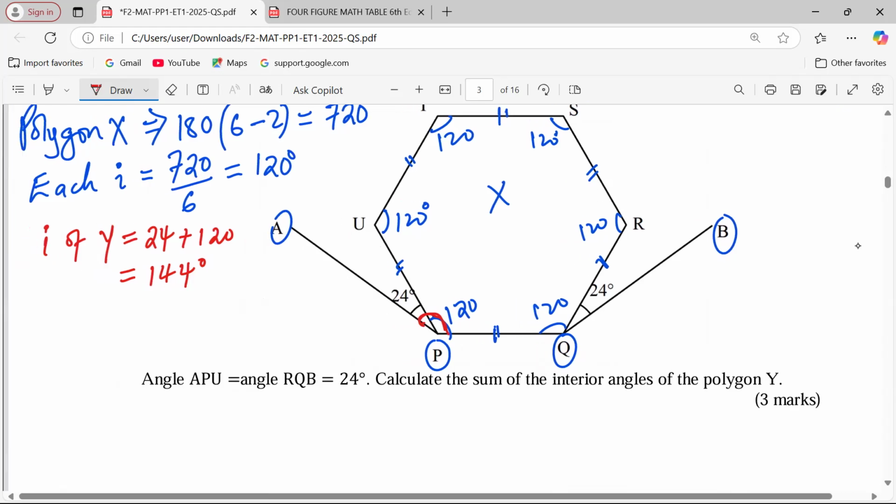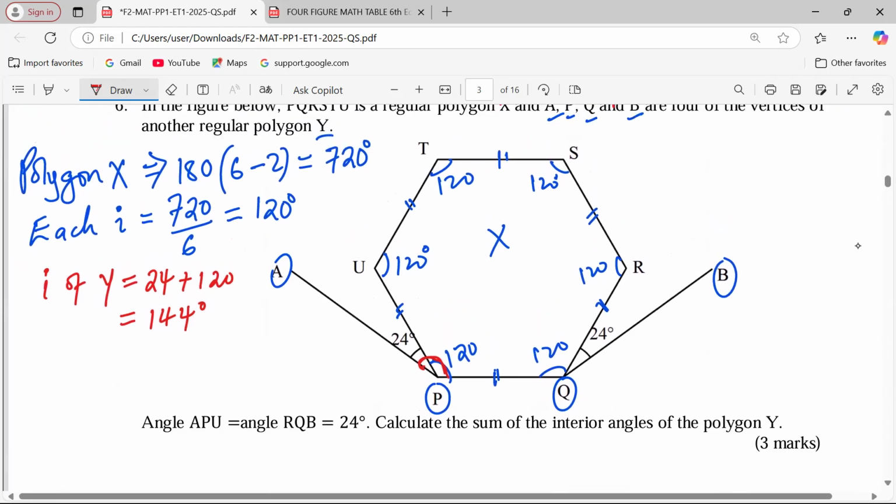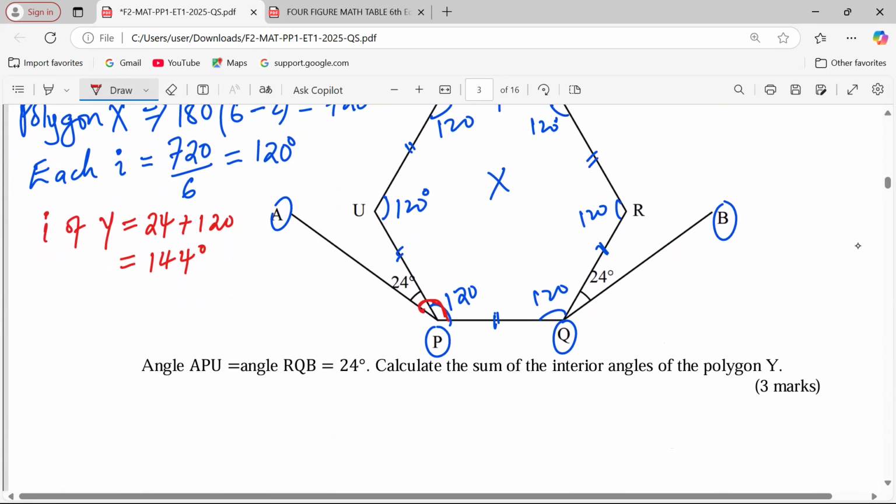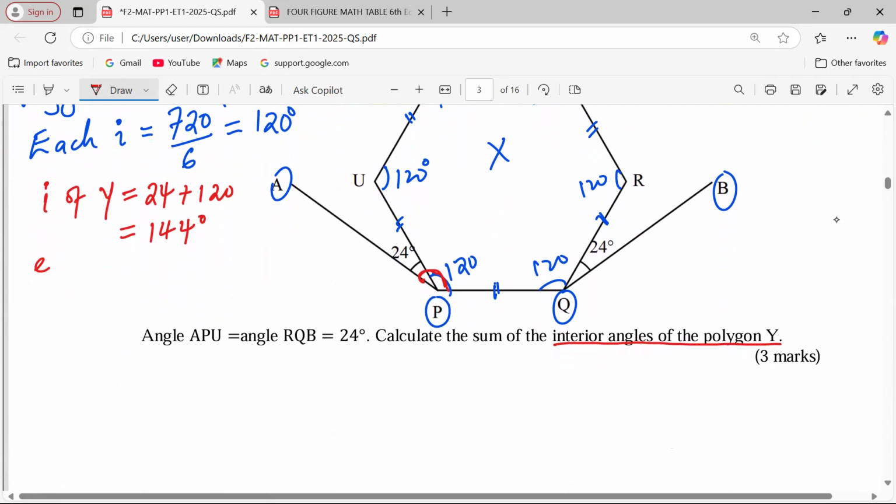Now, what are we finding first? Calculate the sum of interior angles. For us to get the sum, we're supposed to know the number of sides. So the exterior angle will be 180 minus 144, giving us 36 degrees, because interior plus exterior should be 180. Therefore, the exterior angle of polygon Y is 36.